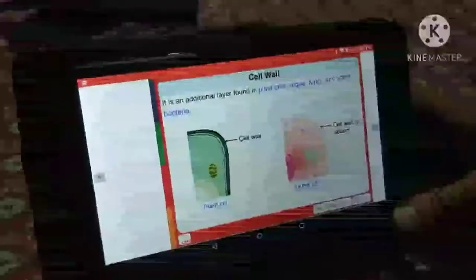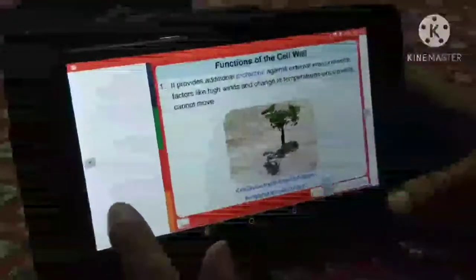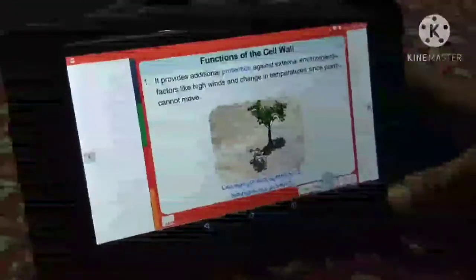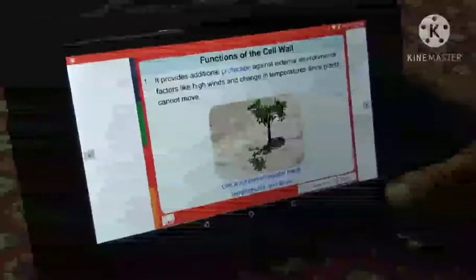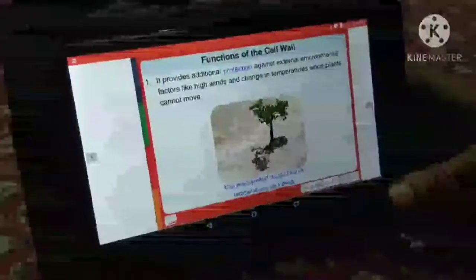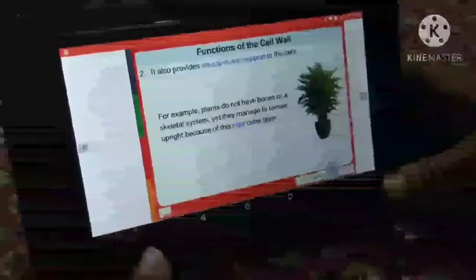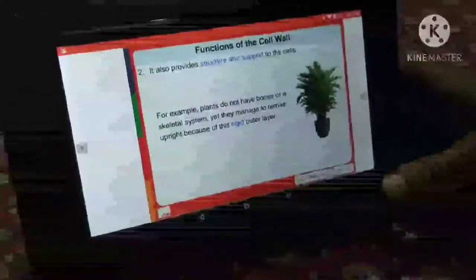It is an additional layer found in plant cells, algae, fungi, and some bacteria. It provides additional protection against external environmental factors like high winds and change in temperature since plants cannot move. It also provides structure and support to the cells.